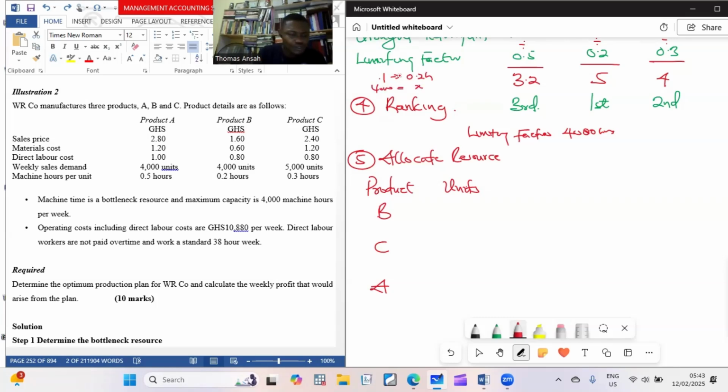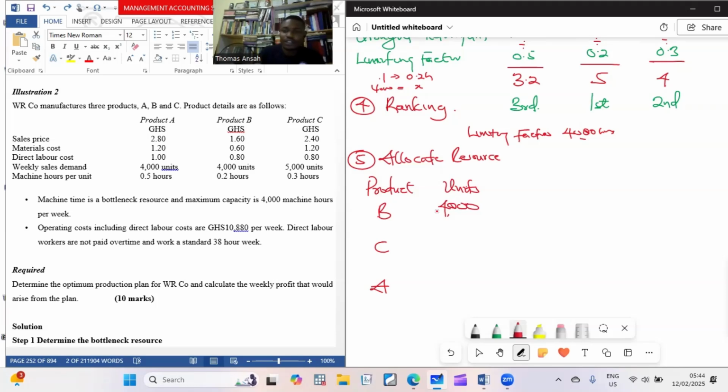It's a multiplication, is that not it? So you multiply 4,000 by 0.2. That will mean that I will need 800 hours, which is within this limit. So I can produce all the 4,000 units.